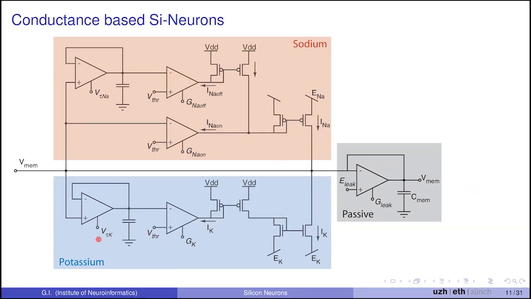And the other question is, are the thresholds for the sodium and the potassium the same? They can be different, but they can also be the same. These are hyperparameters that one can tune in trying to make the behavior of the circuit match the behavior of real cortical circuits. So if we want to fit data with real cortical circuits, we probably will find values of these V thresholds that are different in order to match the real data from biology.